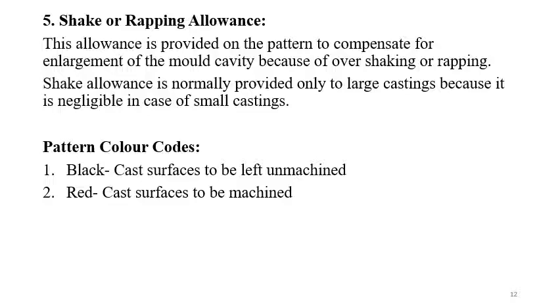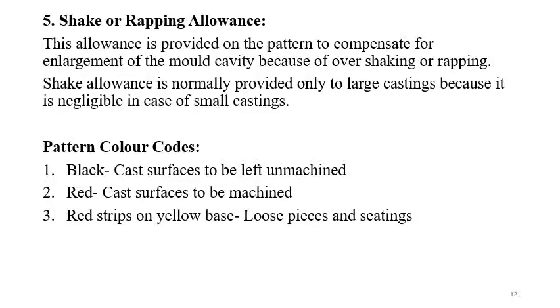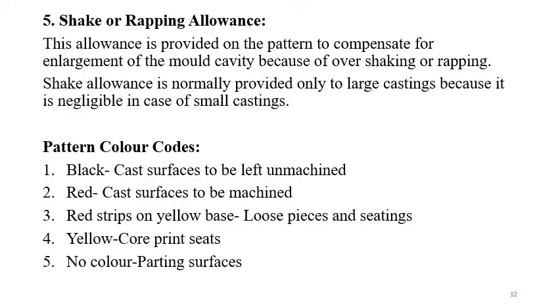So black indicates machining is not required, and red is the surface that will be machined. A red strip on yellow base indicates loose pieces and seatings, yellow color is for core prints, and no color for parting surfaces. These are the standard colors used on patterns.